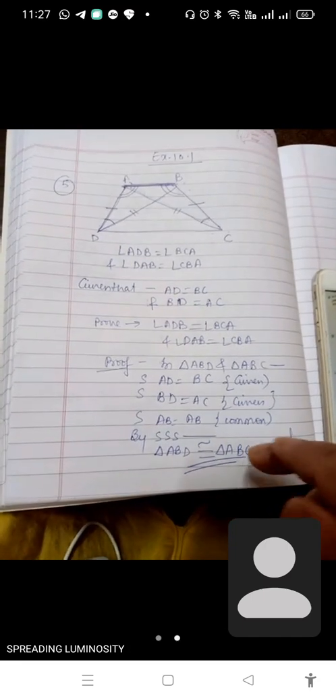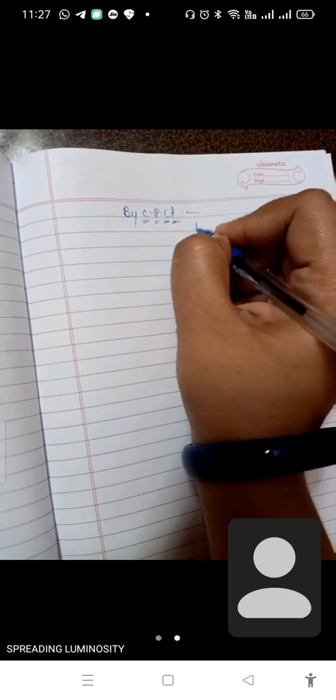It is proved. But you have to prove these two angles equal. So what will you write? By CPCT. CPCT means corresponding parts of congruent triangles. By CPCT, angle ADB is equal to angle BCA. Angle DAB is equal to angle CBA.